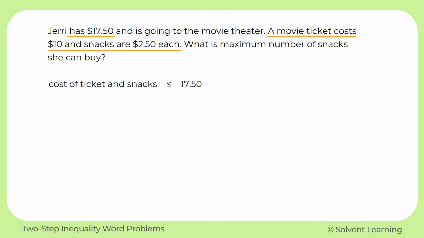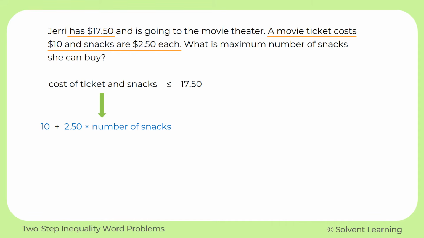We're also told that the movie ticket costs $10 and snacks are $2.50 each. So we can break down the cost using that information. The ticket is $10. For the snacks, to find the total cost we multiply $2.50 times whatever number of snacks she decides to buy.